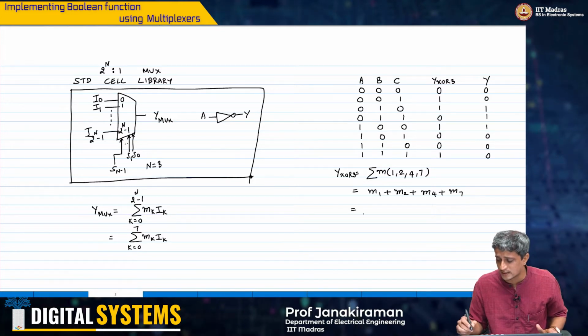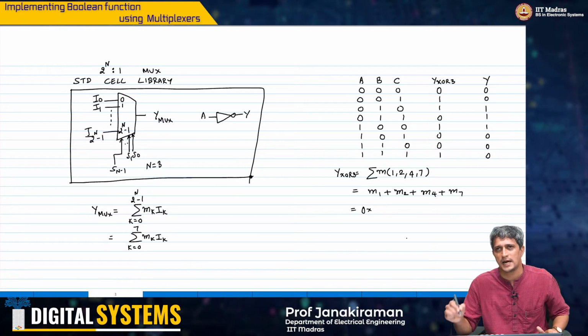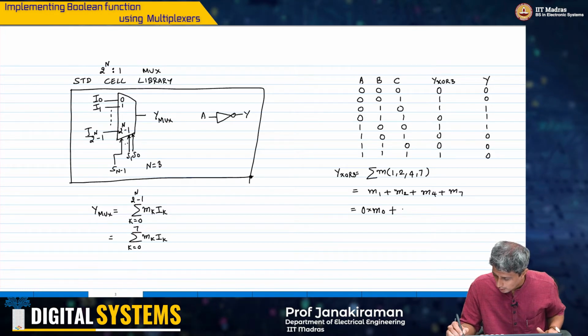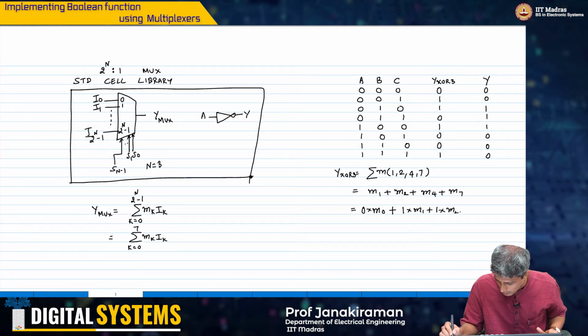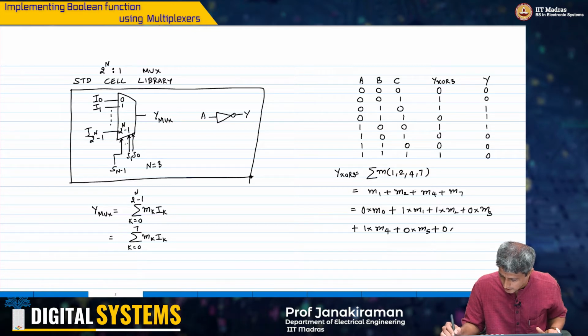Okay, so I can write this in a slightly different way, right? Whichever minterm doesn't exist in that particular truth table, I will just put the term but multiply it by 0. So 0 into m0, 1 into m1 plus 1 into m2 plus 0 into m3 plus 1 into m4 plus 0 into m5, 0 into m6 plus 1 into m7.